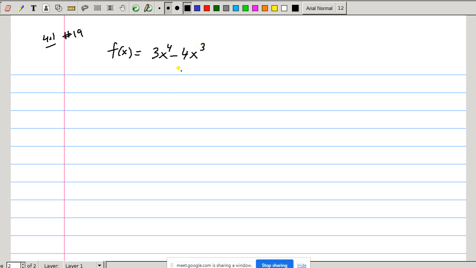Find the open intervals on which f is decreasing, f is increasing, open intervals on which f is concave up, concave down, and the points of inflection.